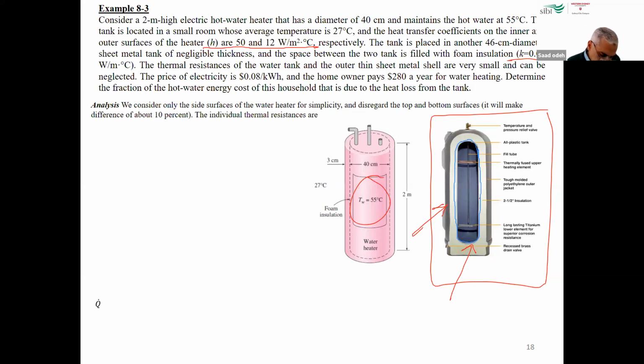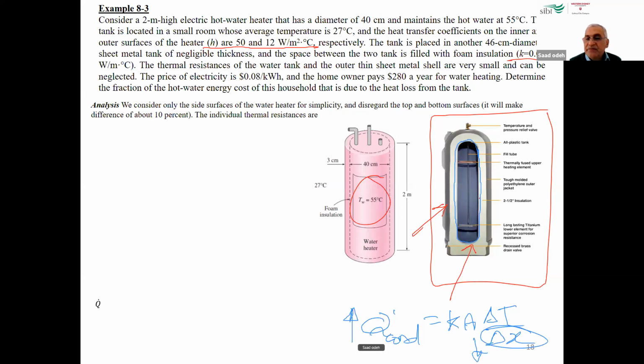If you go back to Q dot conduction, the simplest form is kA delta T by delta x. We'll come to the cylinder, but this is a general one. So the smaller the thickness delta x, the greater the heat transfer.